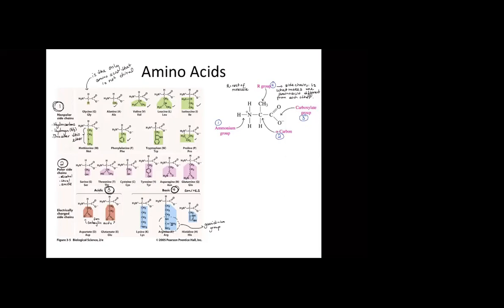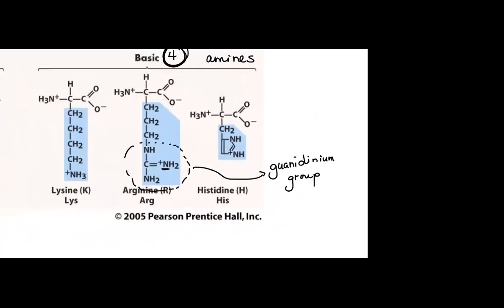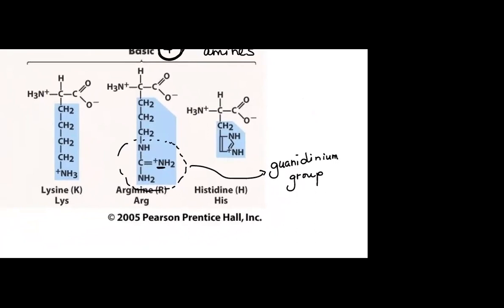Oh, for histidine. Give me one moment. Let me just go back. So for histidine, this nitrogen is the one that is going to specifically donate the proton or grab onto protons. And for lysine, this nitrogen, because it's a primary.